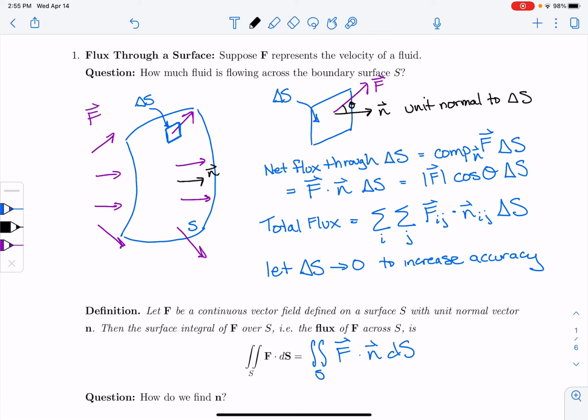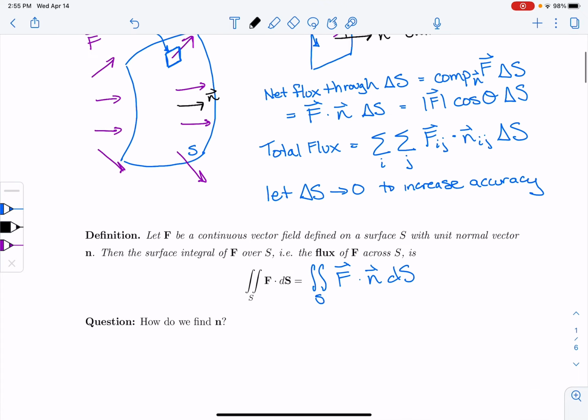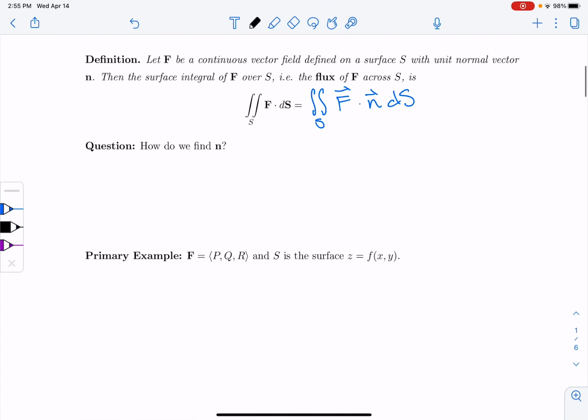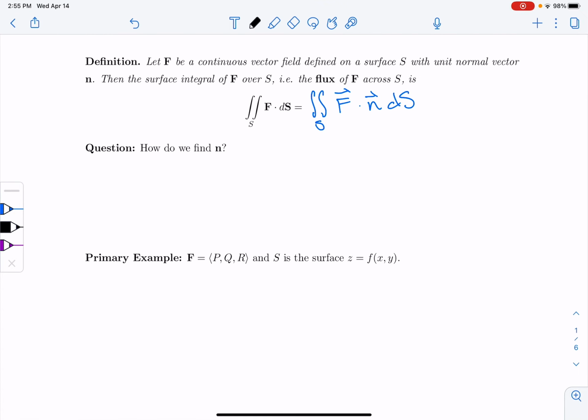So the question though is how are we going to find that unit normal vector n? Well, what we can do is we can parameterize our surface S by R of u, v. So we're going to parameterize it using 2 parameters.